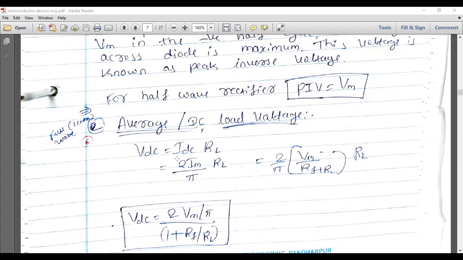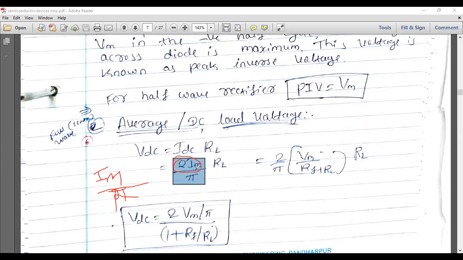And IDC has changed here. For a simple explanation, for the half wave rectifier, what is the formula for IDC? IDC equals IM by pi. Okay. How many IMs are we getting for the full wave rectifier? How much maximum current are we getting?